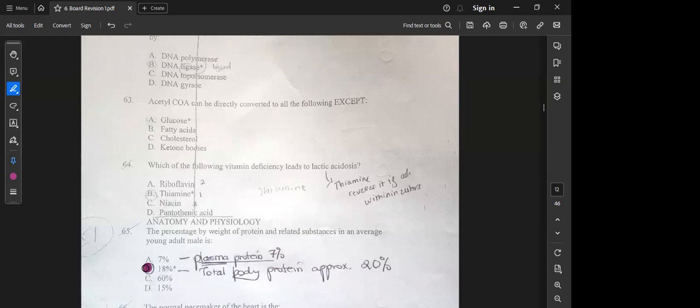Okay, maybe we can do this. We know vitamin B1 is thiamine, and a deficiency of thiamine leads to lactic acidosis. Vitamin B2 we know is riboflavin.